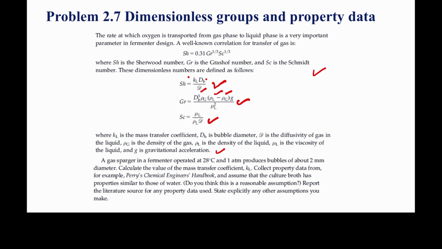But in this case, he is telling us to assume the fermentation broth has water properties. For me it is very easy now: the gas is oxygen, and it is getting transferred into the media, which is nothing but water. So let us see step by step how we can solve this particular problem.